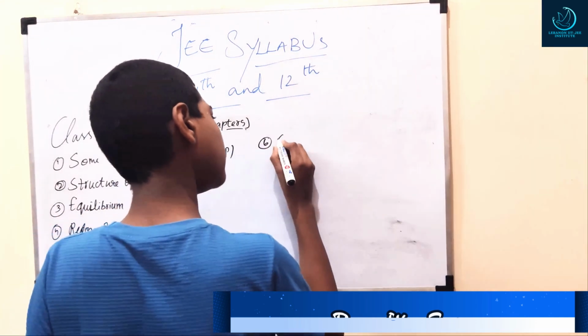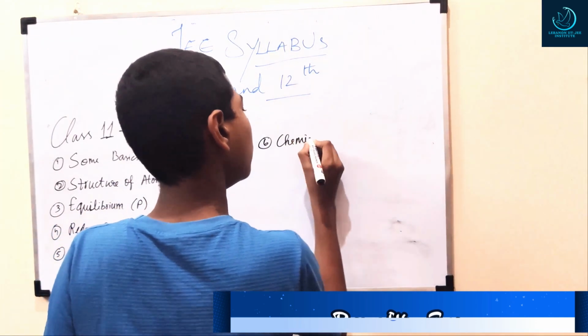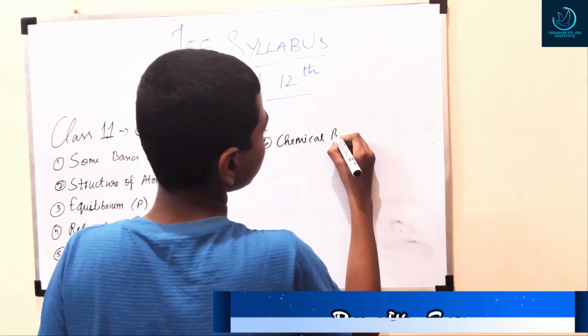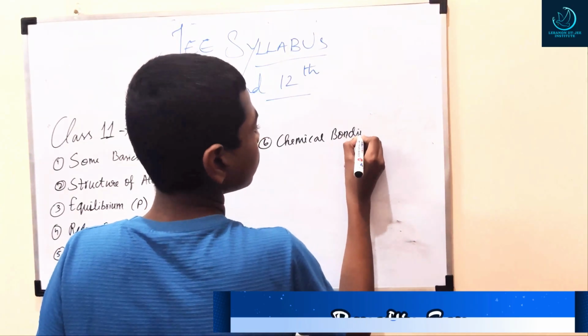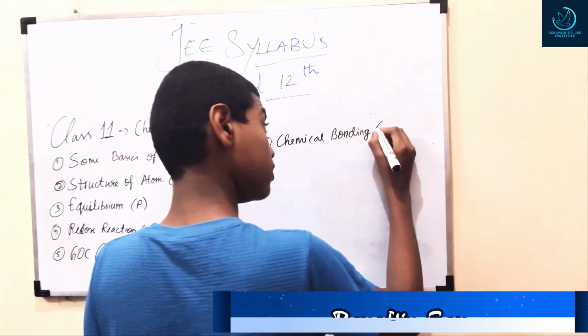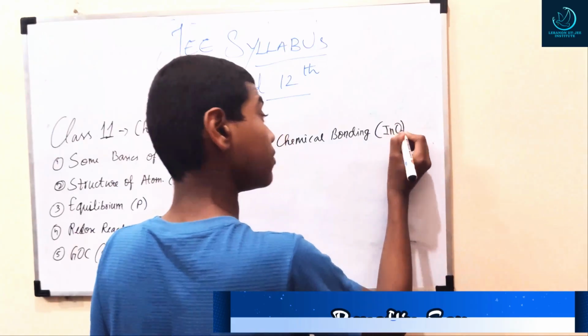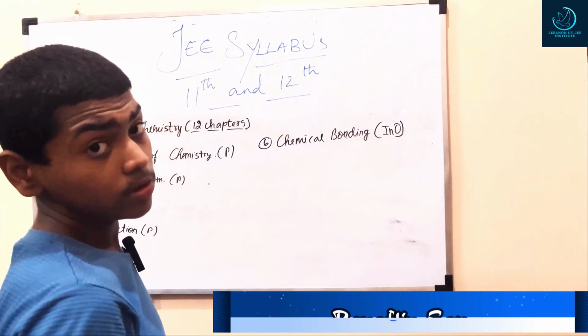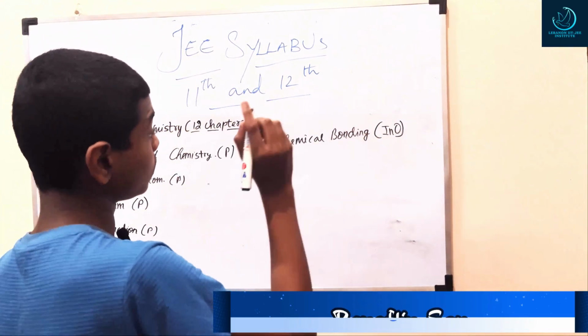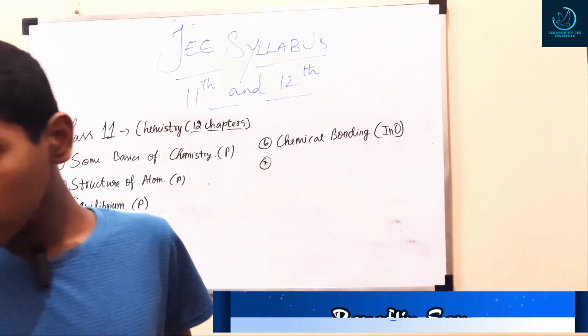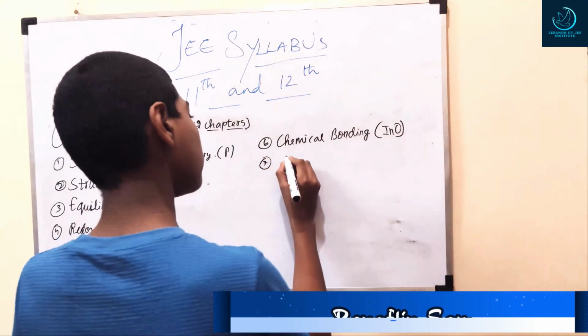Sixth one you're going to see is chemical bonding. This is inorganic chemistry. Here you're going to study chemical bonding. Seventh one is P block.